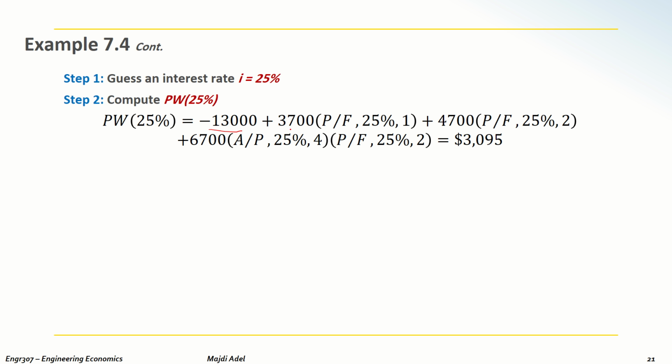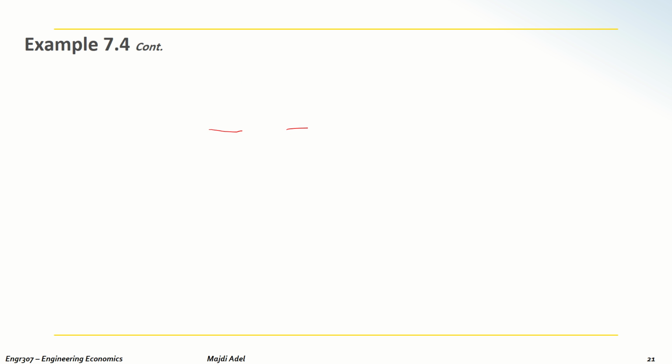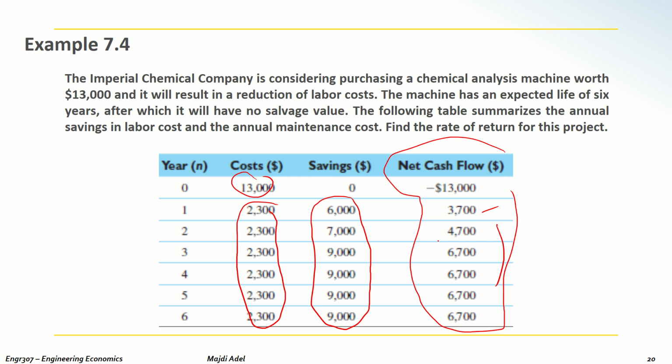Now we need to calculate the present worth at 25%. Minus 13,000 plus 3,700 P/F at 25% and 1 year, 4,700 P/F at 25% and 2 years. And for the last 3 years, you can see that they are a uniform cash flow. I can use the uniform cash flow formulas to calculate their present worth at n equal 2 and multiply it by P/F to calculate their present worth at n equal 0.